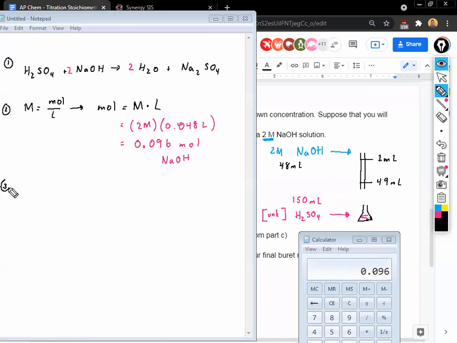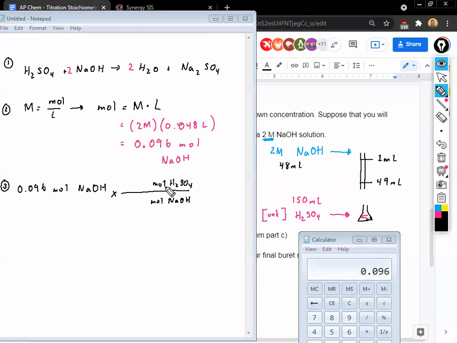Step 3, we want to use this to calculate the moles of acid that we neutralized. So we have 0.096 moles of NaOH. We're just going to use one little fraction to do some dimensional analysis. Moles of NaOH on the bottom to cancel it out, and then we're going to put moles of the acid, H2SO4, on the top.